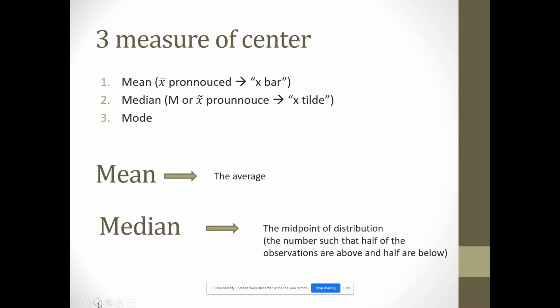So if I were to have a line, the median is the point where 50% are less and 50% are more. Whereas the mean is the average. It's not necessarily exactly 50-50. It depends on what the numbers are. Whereas the median is literally the middle, okay?